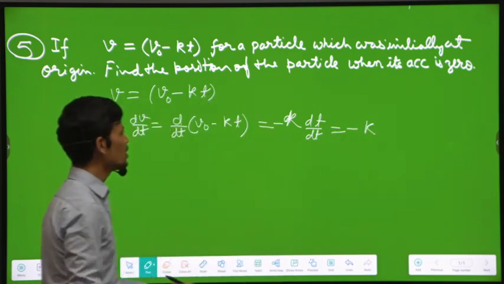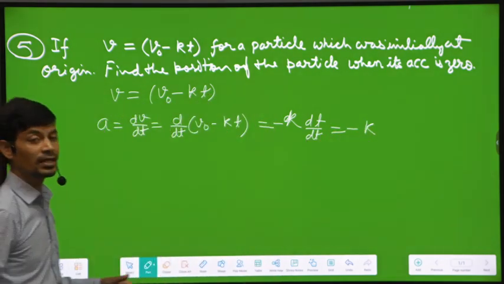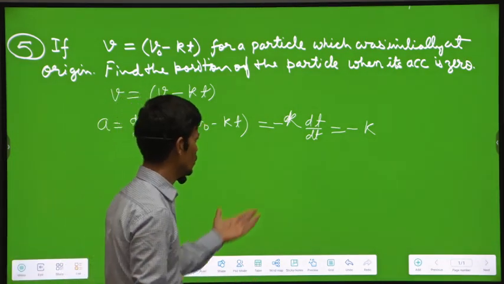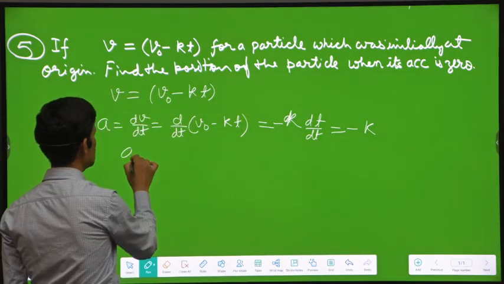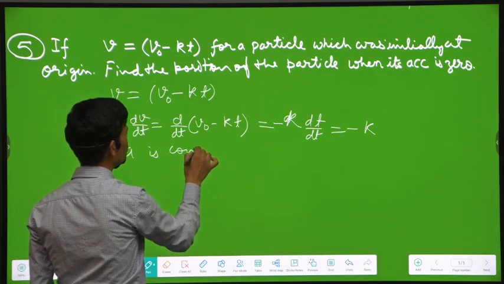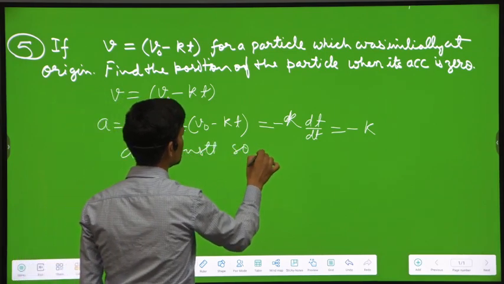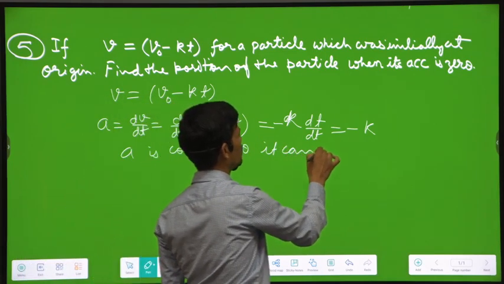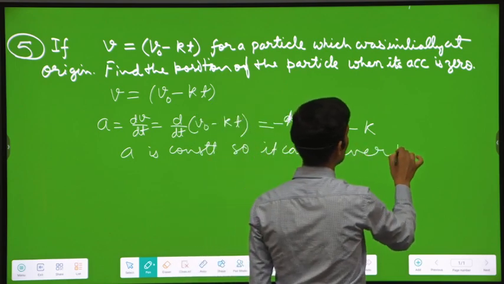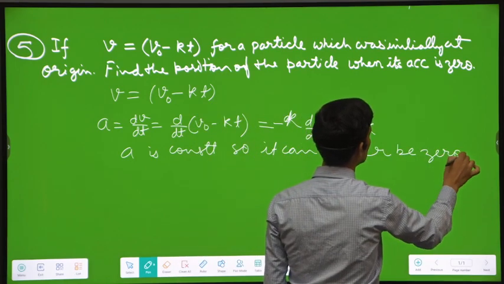So acceleration is constant. Acceleration can never be 0 in this case. A is constant, so it can never be 0.